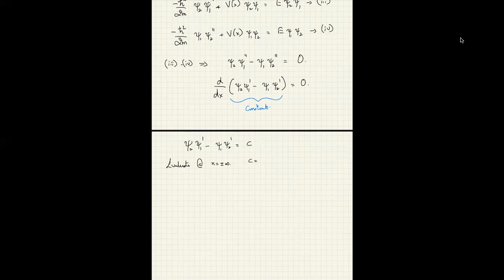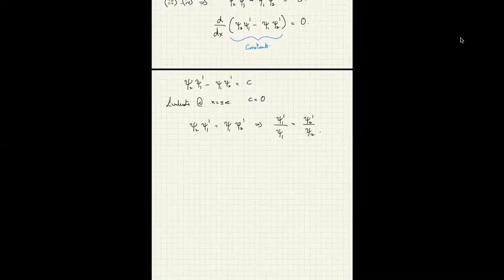This tells me that the constant C is actually equal to 0, which means psi2 psi1 prime is equal to psi1 psi2 prime, which I can rearrange as psi1 prime over psi1 equals psi2 prime over psi2.